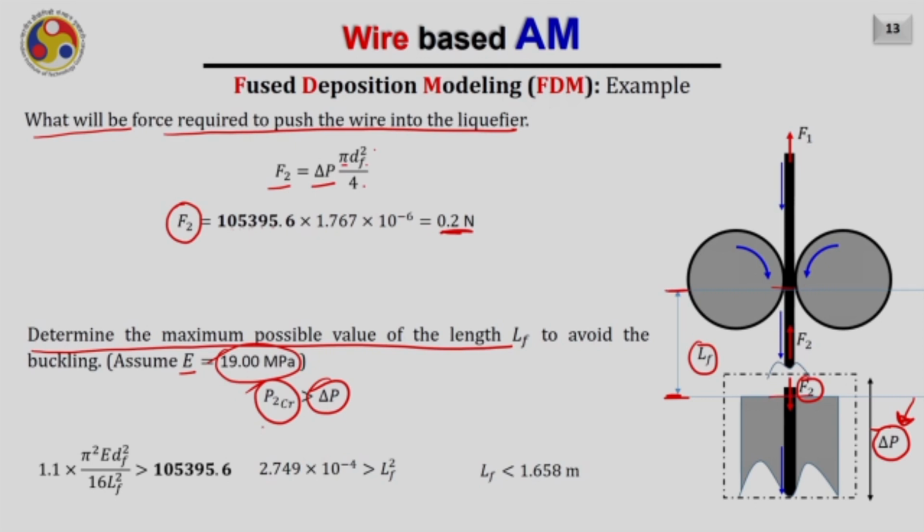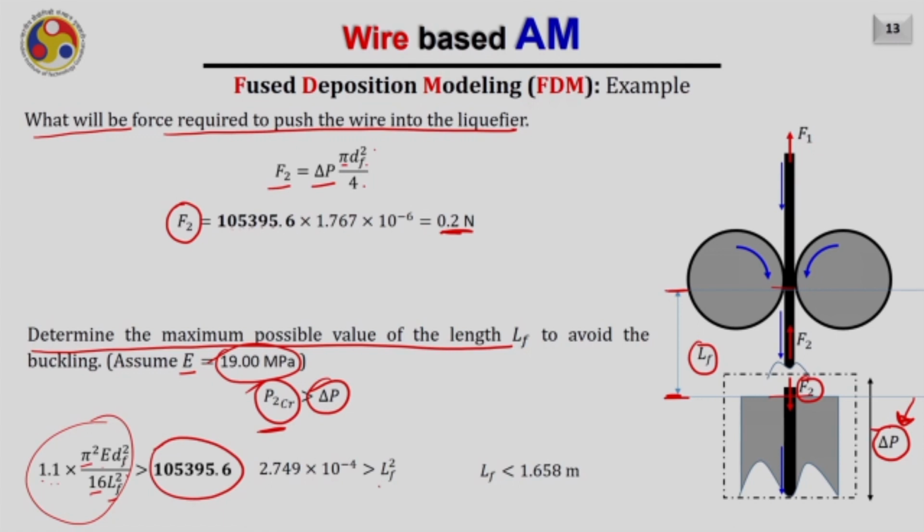We have already seen this critical value of pressure will be equal to 1.1 into pi square E dF square divided by 16 LF square, and this value should be greater than the required pressure drop in the liquefier, that is given by this value we just obtained.